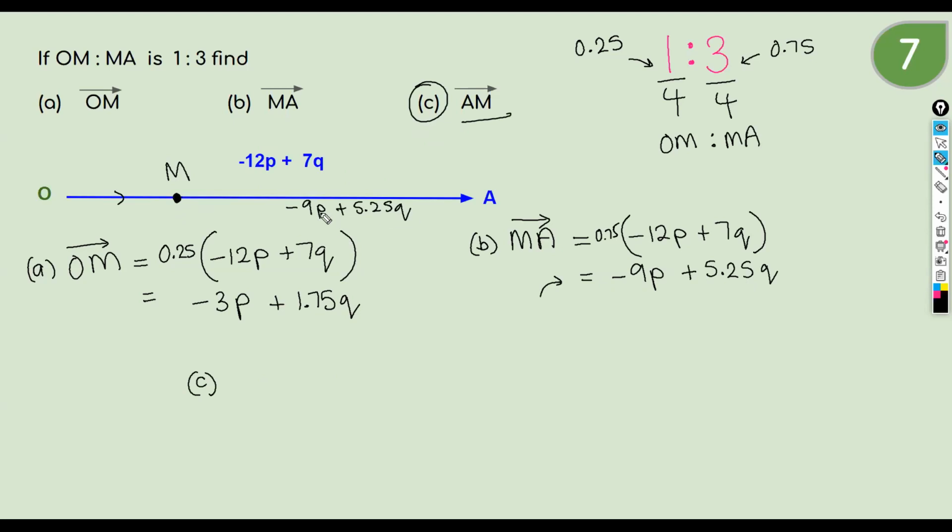So for part C, you just make the signs the opposite. Minus 9p becomes positive 9p, and this becomes negative 5.25q. All right, so that's another revision question from last week.